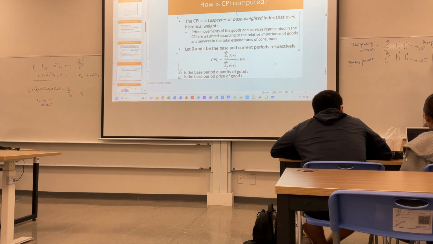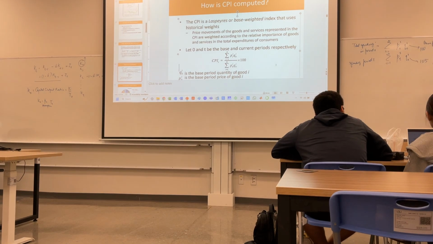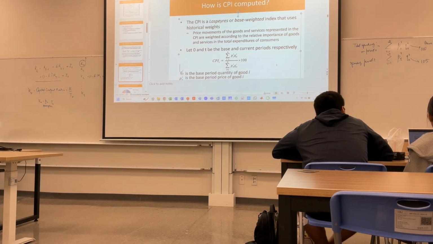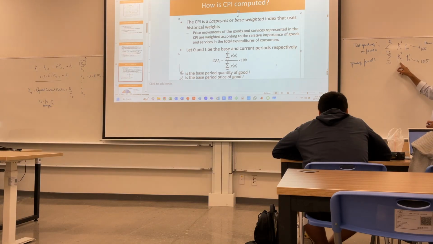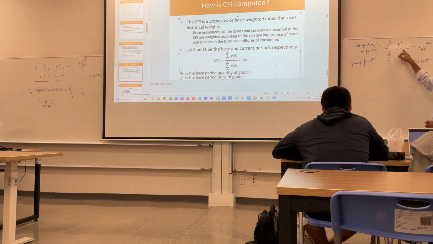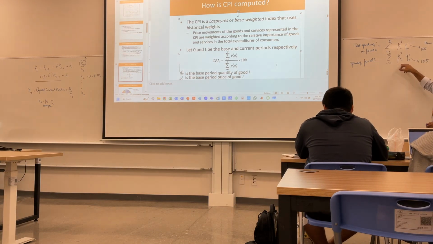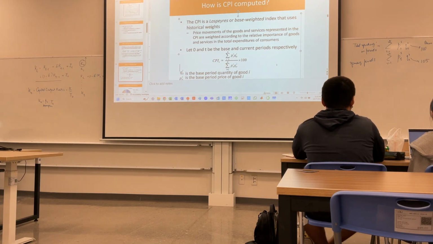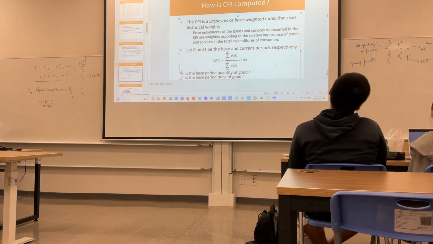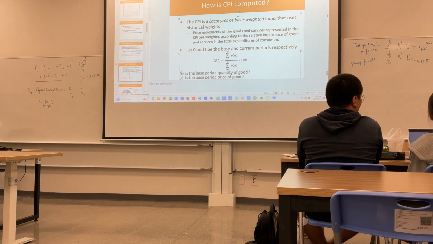Therefore, inflation, the general price level increase between these two time periods, is 5%, because the quantities remain the same. The prices of some things may have gone up, the prices of some things may have gone down, but on average, the price that you're paying for your bundle of consumption is 5% higher. Makes sense?